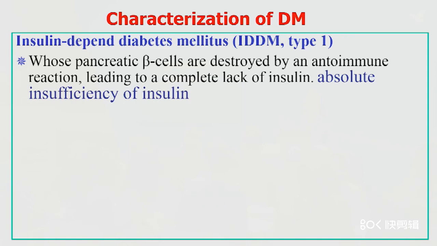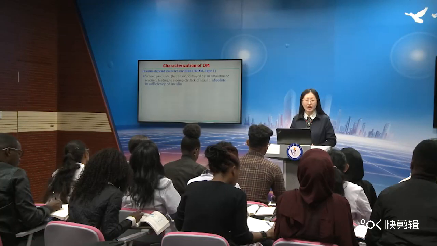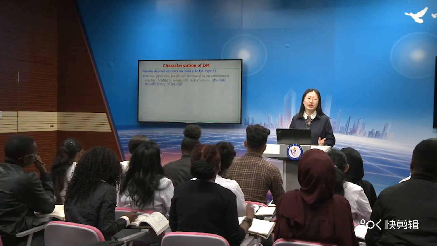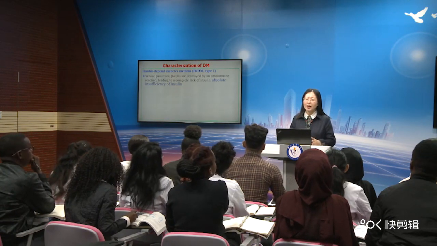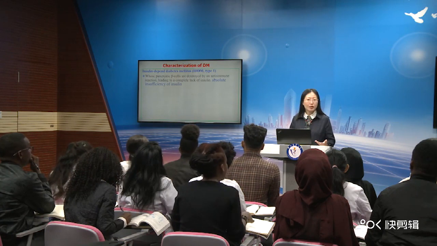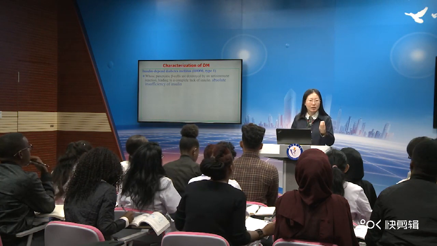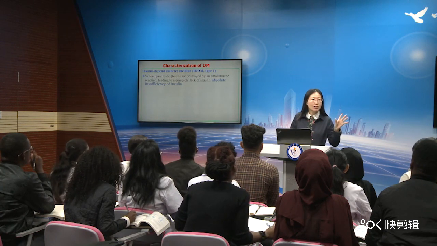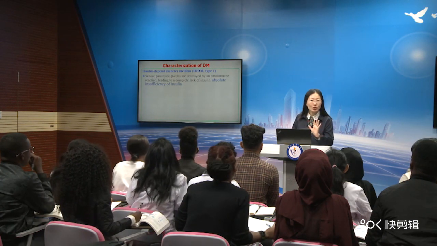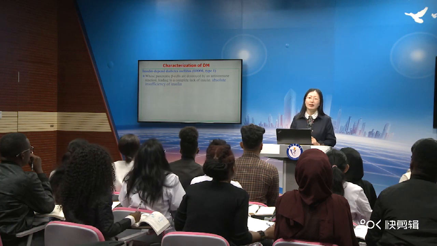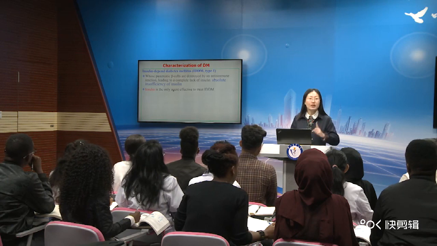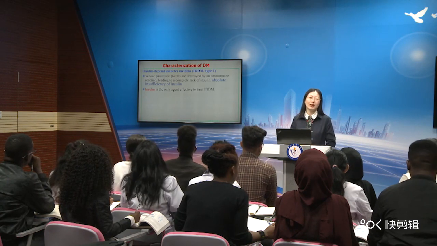So their insulin insufficiency is absolute because the beta cell is destroyed. That means if we give some drugs to stimulate the beta cell, could the cell release insulin? No. So insulin is the only agent to treat the first kind of diabetes mellitus.